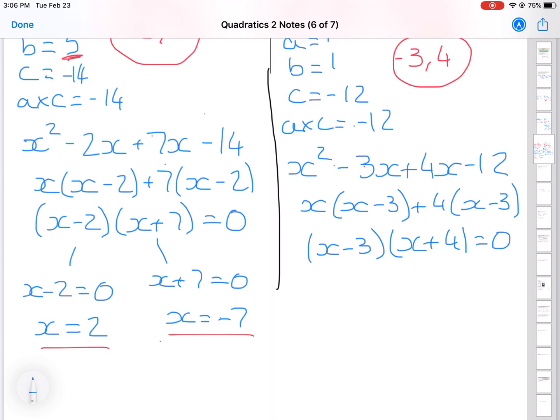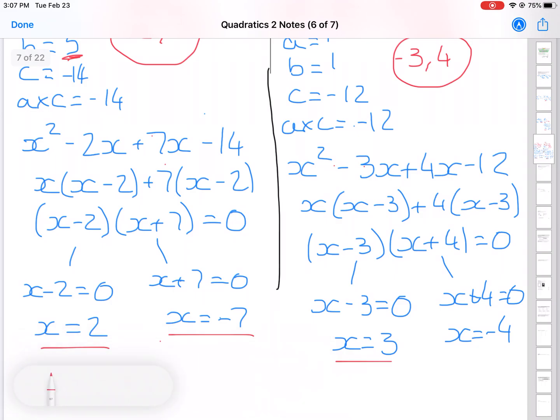Set them equal to 0. Use your two brackets then separately, so x minus 3 equals 0, x equals 3, x plus 4 equals 0, x equals negative 4.